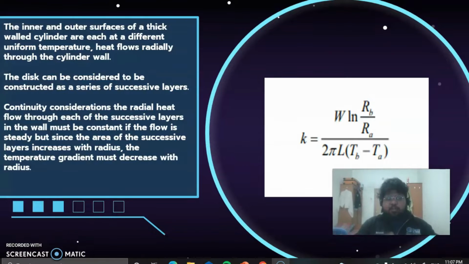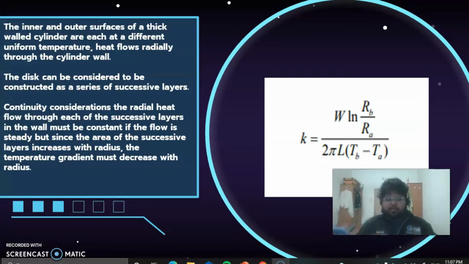When radial conduction comes to your mind, you have to imagine the inner and outer surfaces of a thick-walled cylinder, each at a different uniform temperature. The cylinder has different temperatures at different regions, and heat flows radially through the cylinder wall, that means it goes through layer by layer.